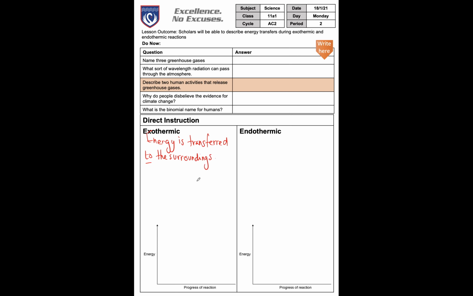So energy is transferred to the surroundings. Conversely, an endothermic one is one in which energy is transferred from the surroundings.